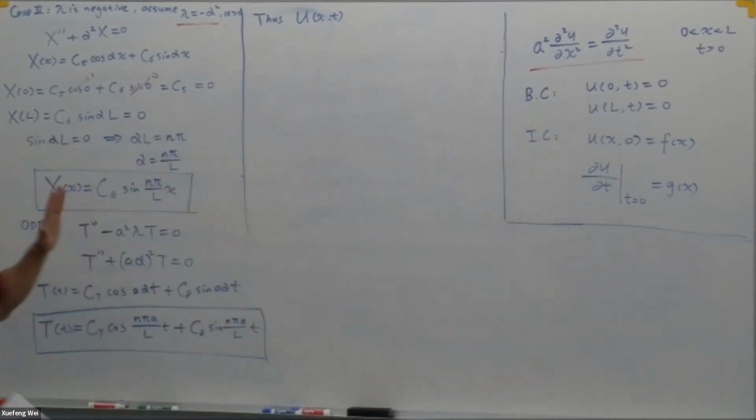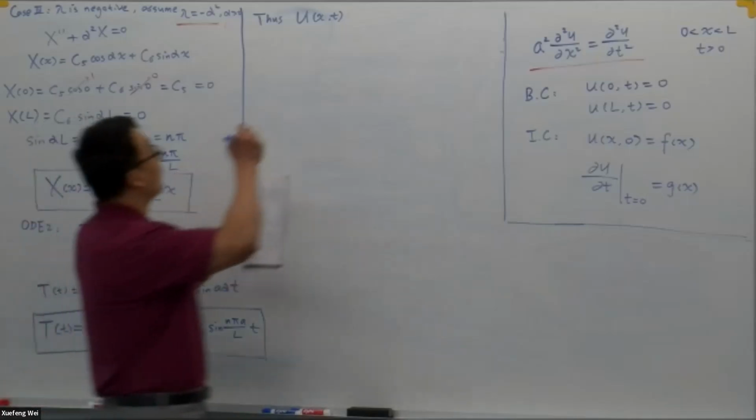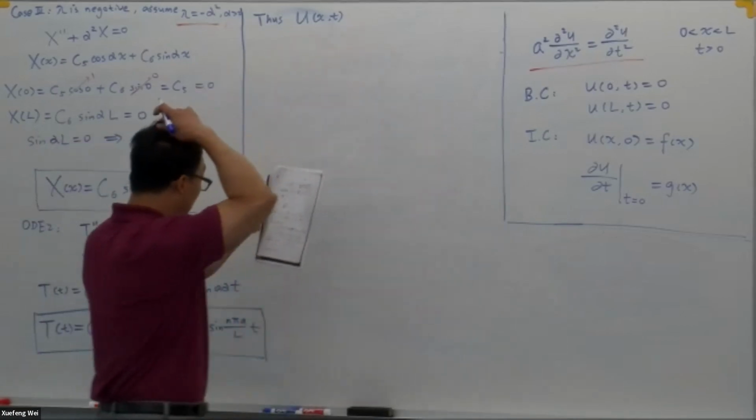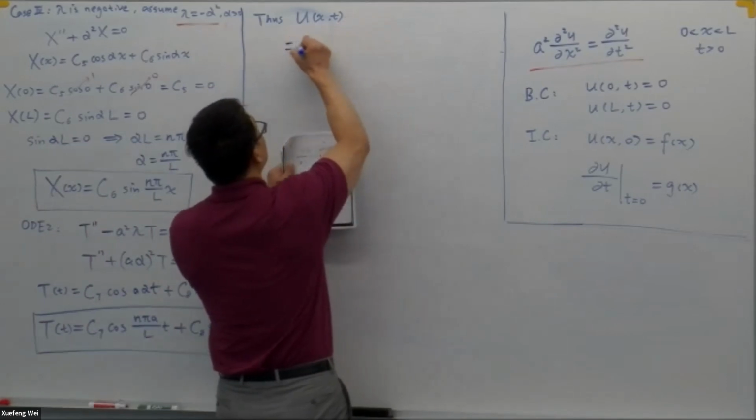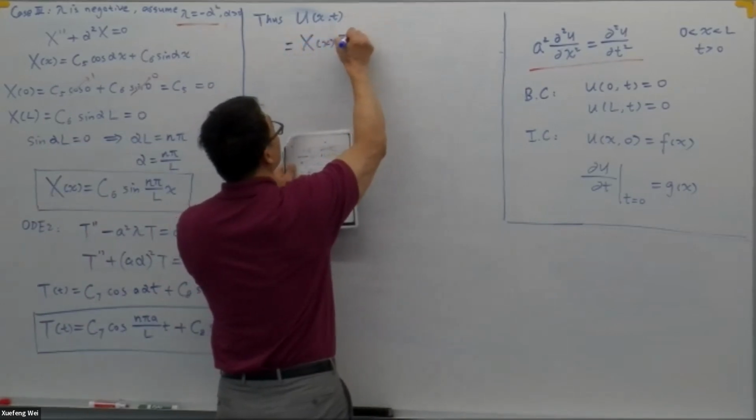So now we apply directly the third case to ODE2, because ODE1 gives the trivial solution, X equal to 0, and then u would be X times T, which is 0 anyway. So u(x,t) is equal to X(x) times T(t).